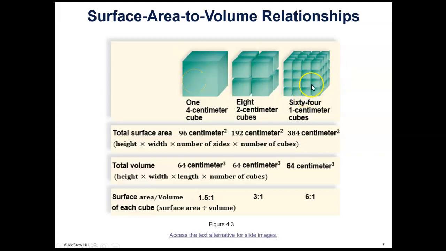So obviously it would take much more wrapping paper to wrap all 64 of these cubes, and that wrapping paper is the surface area, and that's what we need. We need as much surface area as we can get because that makes the cell as healthy as it can be. It allows the cell to take in maximum nutrients and get rid of as much waste as it needs to get rid of.